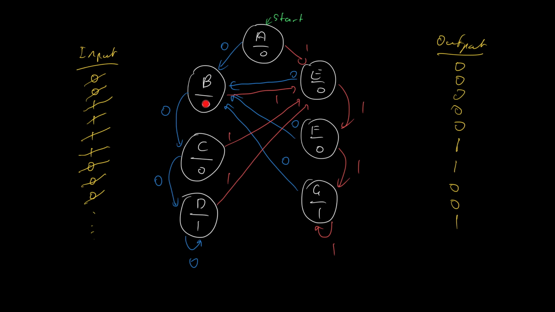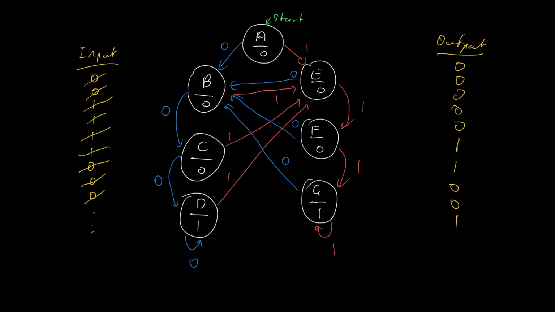The outputs depend on just the current state, and so the output logic is this mapping. The output logic is simply a truth table where on the left-hand side is the current state, and on the right-hand side is the output. So it's combinational logic, and the output logic simply tells us for the current state what's the output.